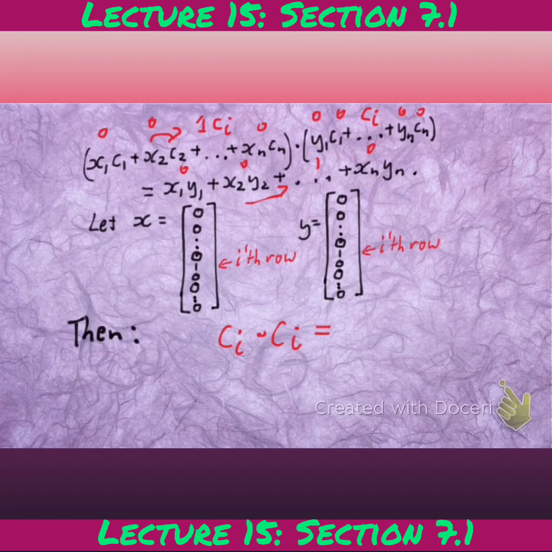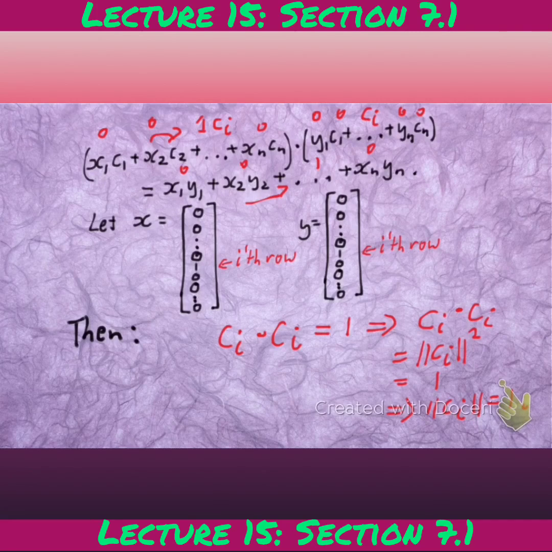So that's going to be 1, which implies that if you take the dot product of the ith column with the ith column, we know that that is the norm of the ith column vector squared, which is 1, which implies that the norm of the ith column vector is 1.